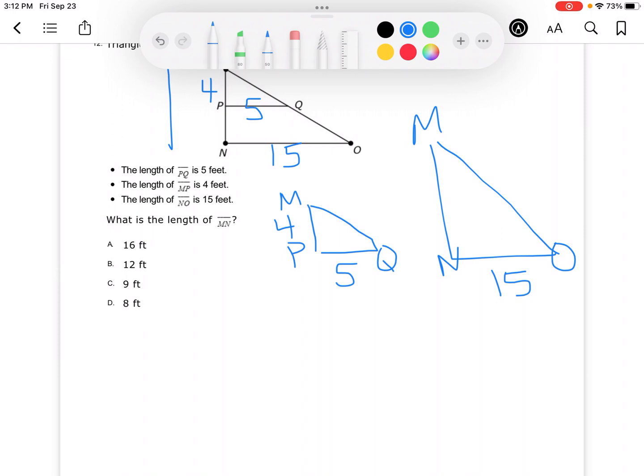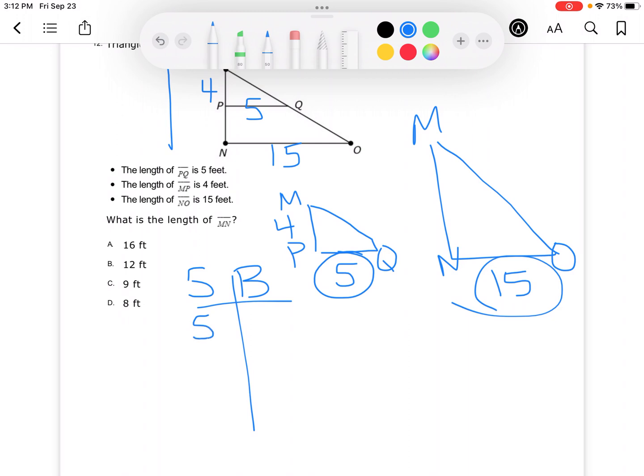All right, then you're going to set up your table, small to big, because you're comparing the smaller triangle to the bigger triangle. You know that 5 and 15 are corresponding sides. And you know that 4 is your third side, and that's on the small triangle.